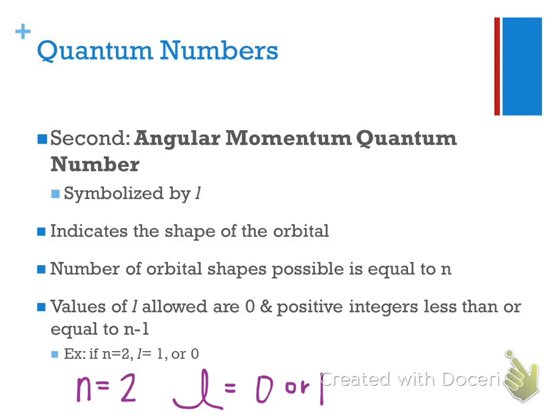Are we on the same page with that, kind of? Maybe. I really think this one will make more sense when we look at a couple examples on the next slide. But those are our options for right now. If n equals 2, l could equal 0 or 1.